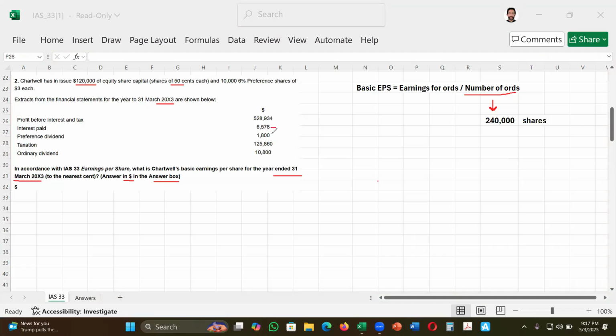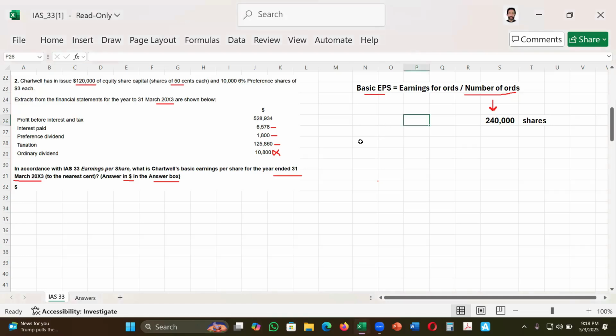Then we have the preference dividend, we will deduct that as well. Then we have taxation, we will deduct that as well. But we're not going to deduct the ordinary dividends, okay? The earnings which will be used in the EPS calculation is going to be before the ordinary dividend, and then we're going to divide it, and we will have the EPS.